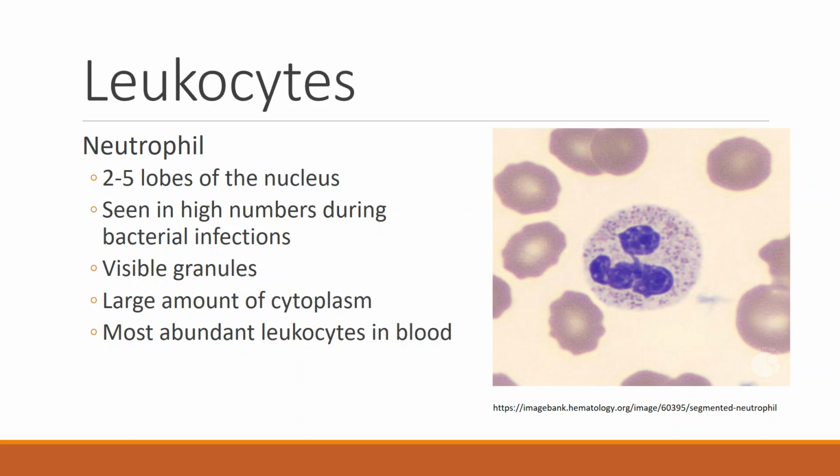We typically see a high number of neutrophils in bacterial infections, and another key characteristic of neutrophils is the visible granules that they use in attacking the bacteria and other pathogens they come in contact with. They do have a large amount of cytoplasm, and these are the most abundant leukocytes or WBCs inside of blood.